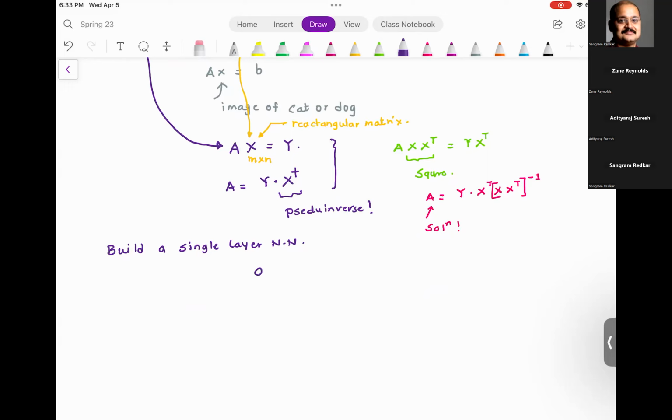And the way this single layer neural network can be expressed is something like this. This is the input, and this is something called the perceptron.